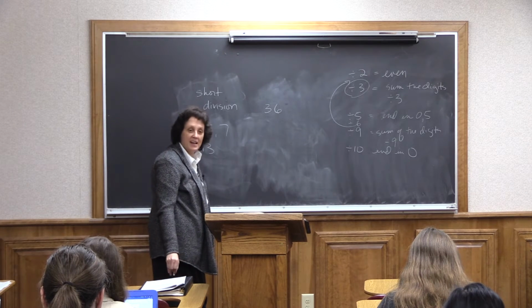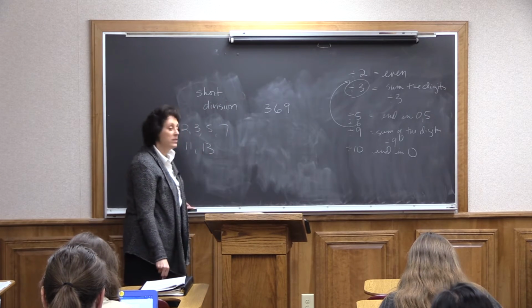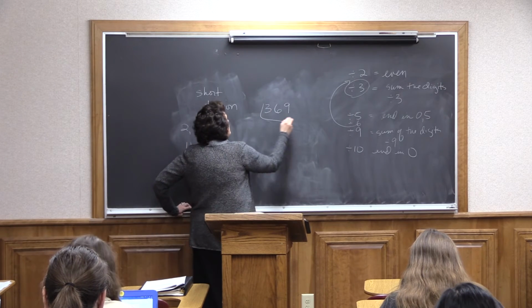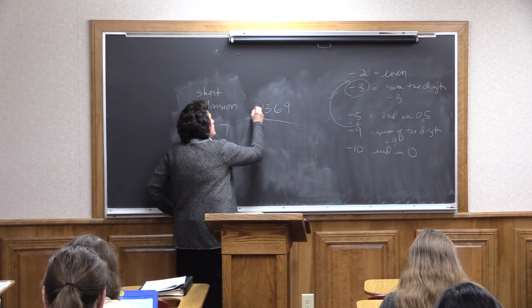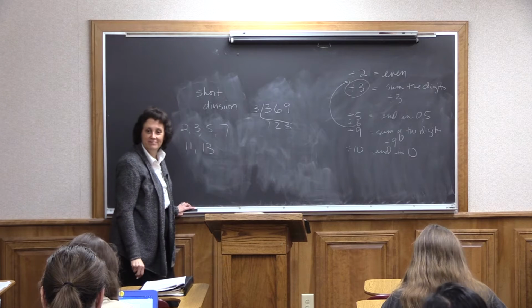So 3 plus 6 is 9, add another 9. So let's use this and let's prime factor it. Not wasting my time with the 3. Pretty easy.